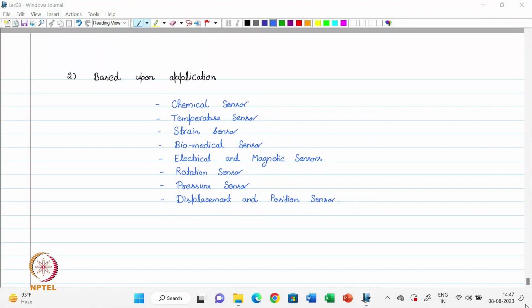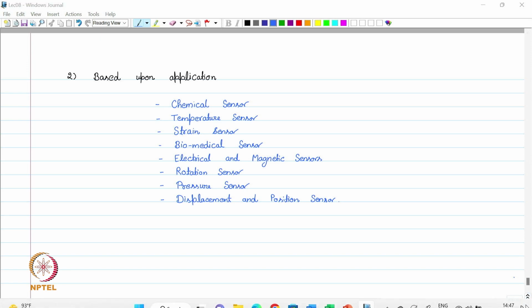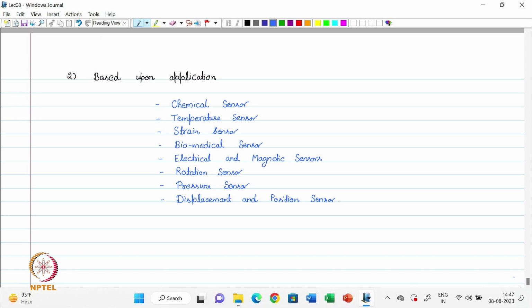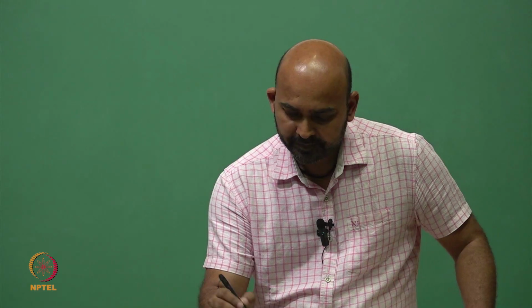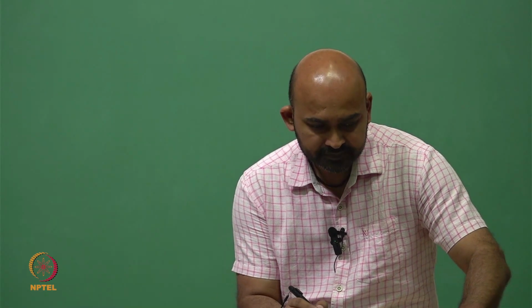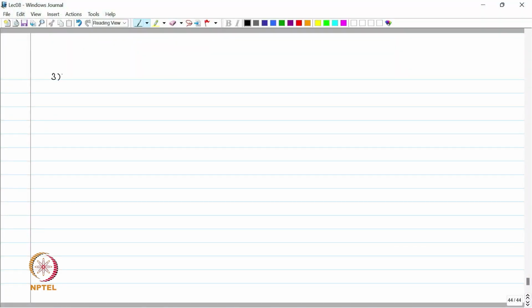The third one is based on intrinsic and extrinsic type. The third classification is based on the intrinsic and extrinsic type.